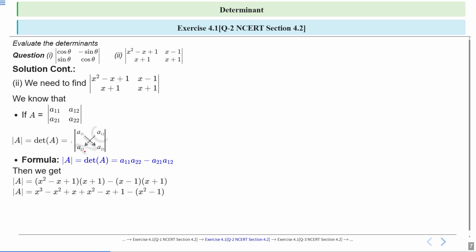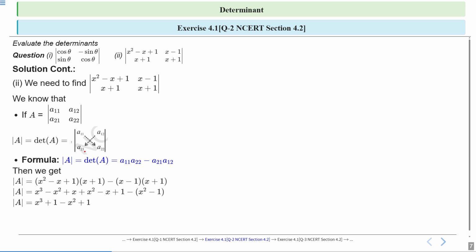And when we expand it, just multiply x square minus x plus 1 with x plus 1. We get x cube minus x square plus x square, plus 1. And x minus 1 into x plus 1 is a minus b, a plus b, that is a square minus b square, so x square minus 1.